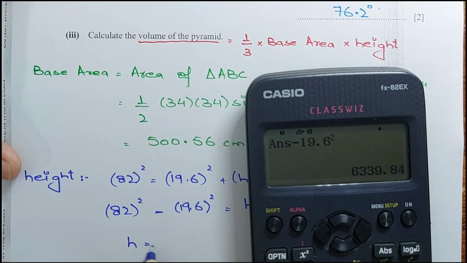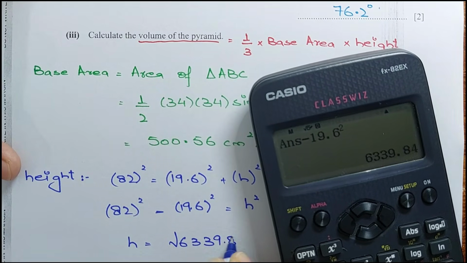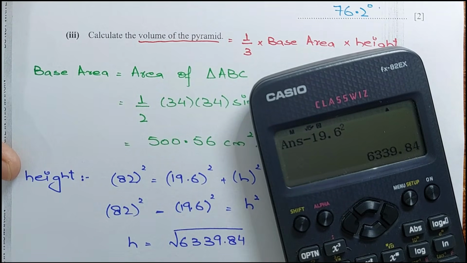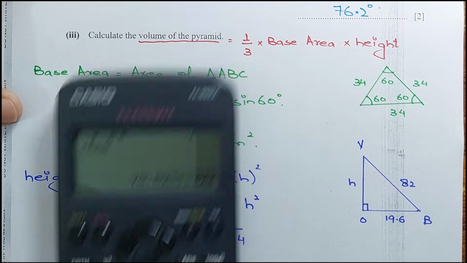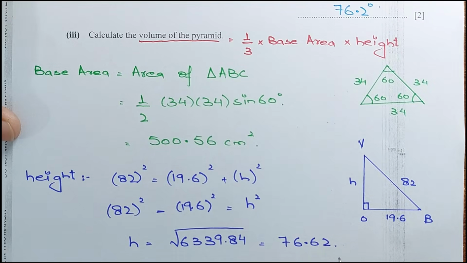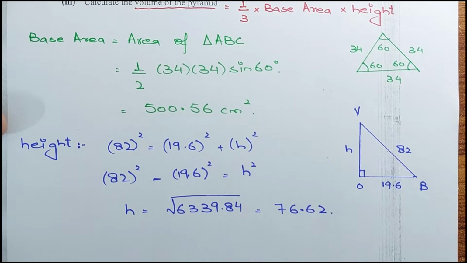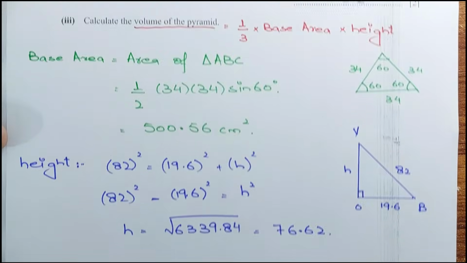So what is the height? Height is the square root of 6339.84. Okay, so the square root of the answer is 76.62. That is the height. Okay, now let me plug everything into the volume formula, right?